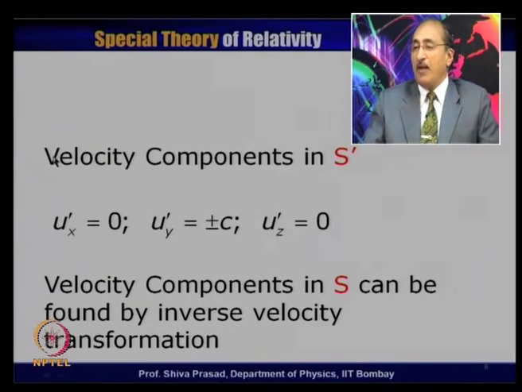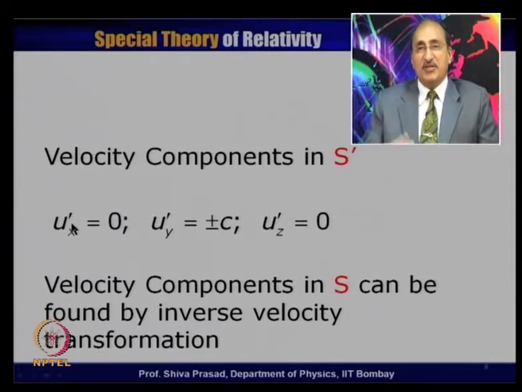So, I have written uy prime is equal to plus minus c, where the signs have to be interpreted appropriately by choosing the plus sign whenever I am referring to the motion of light going upwards, and I have to choose a minus sign when the light is coming downwards. So, these are the velocity components of the light as seen in S prime frame of reference.